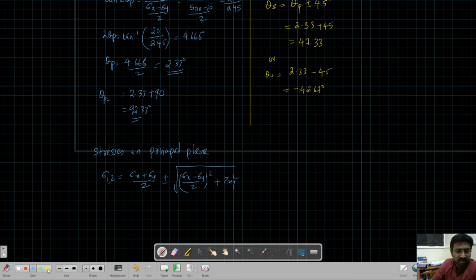Sometimes the first portion is also called the average stress. The second portion is nothing but the radius of Mohr's circle. Okay, so we can find these two parts separately.